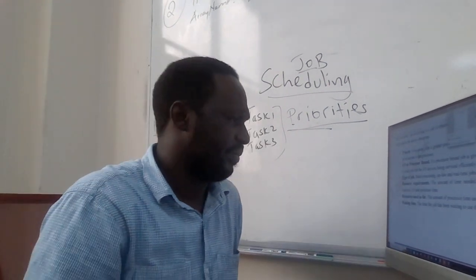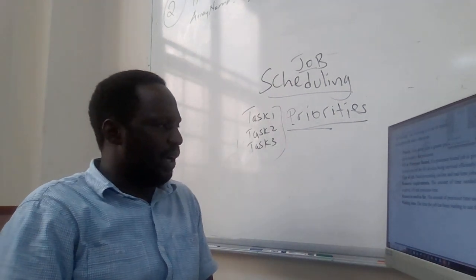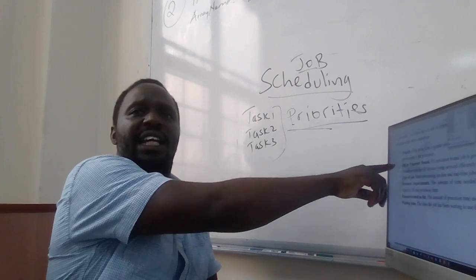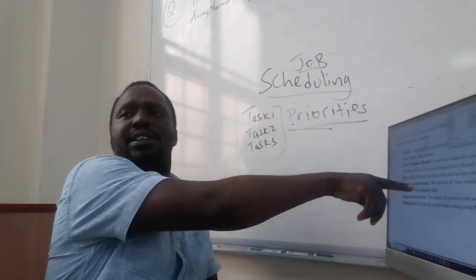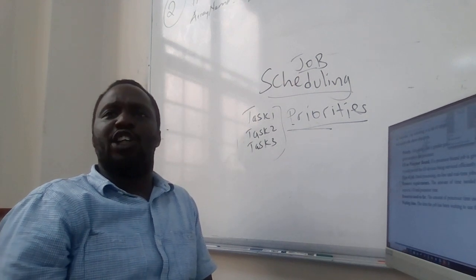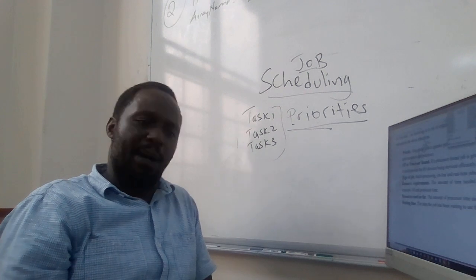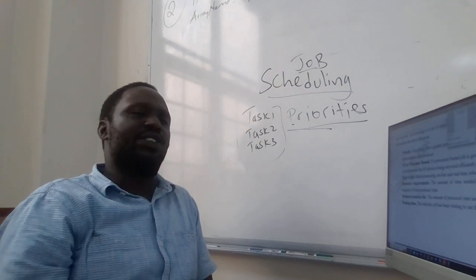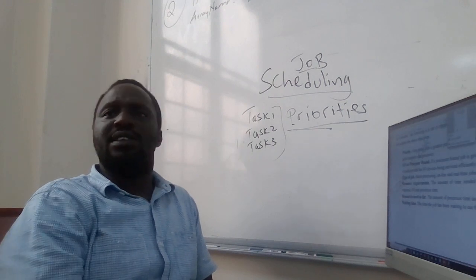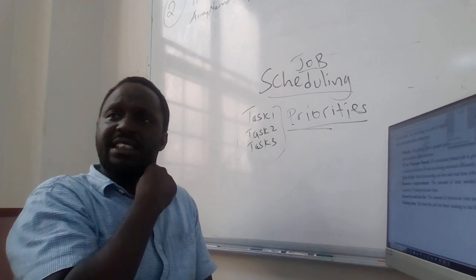Next, we look at whether a job is I/O bound or processor bound. That also determines if a job should be given priority to use the processor or not.